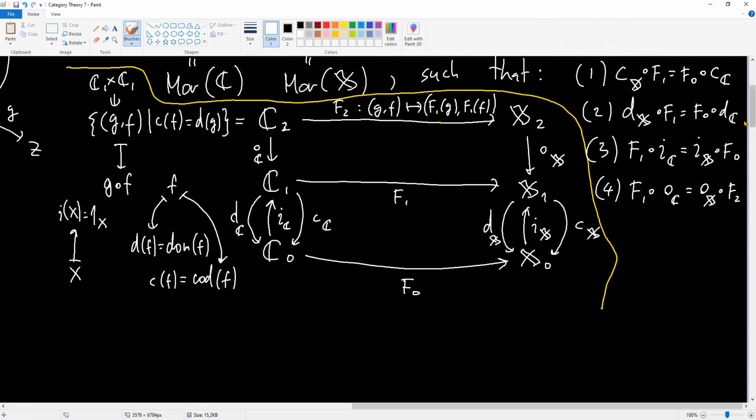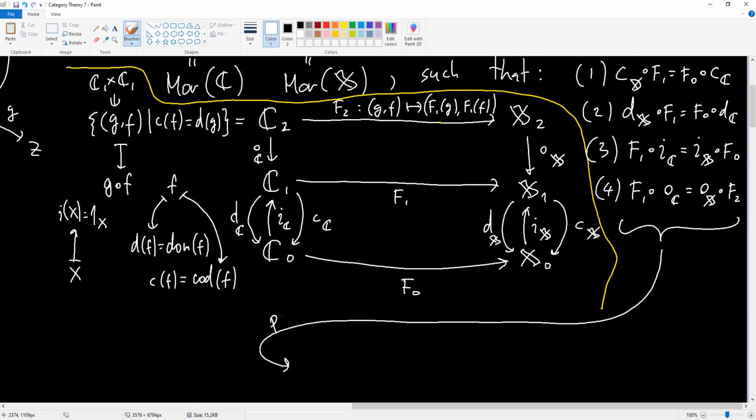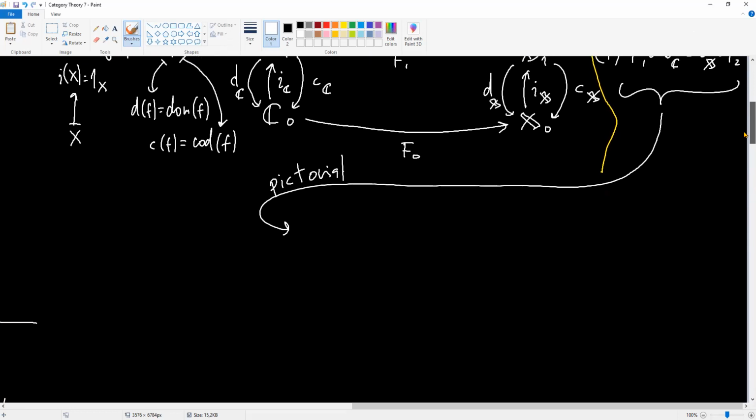So on the picture, this means the following. On a different picture, this is a zoomed out picture, the one we drew before. And if I look inside my categories now, a zoomed in version of the picture, what I'm saying is that firstly, if I've got a morphism f, then F of f will be a morphism from F of x to F of y. This is 1 and 2.